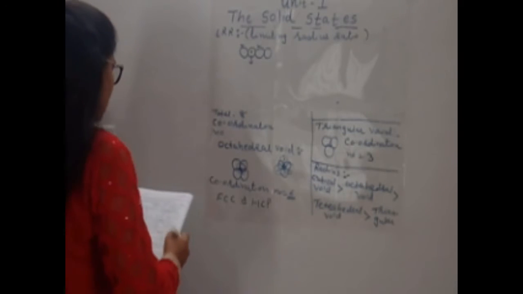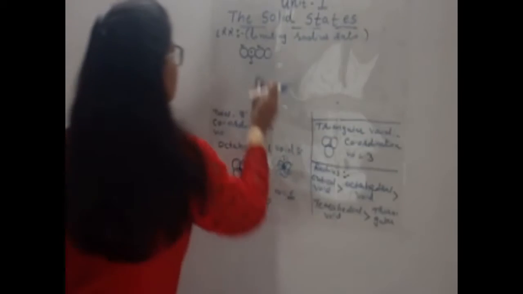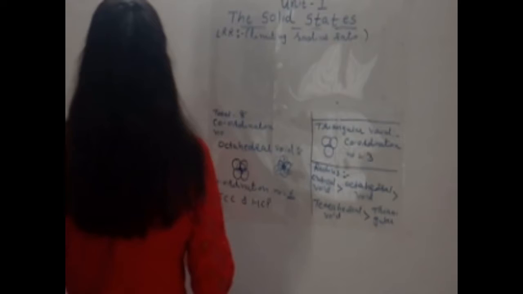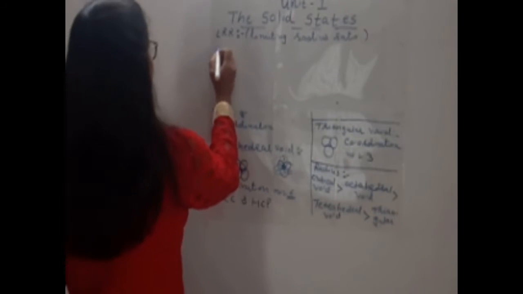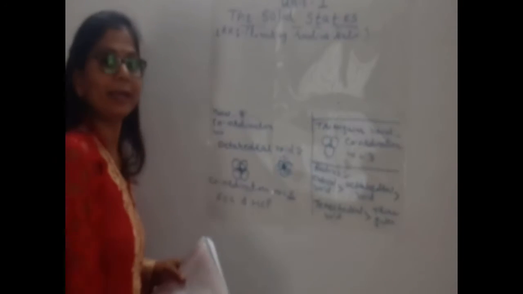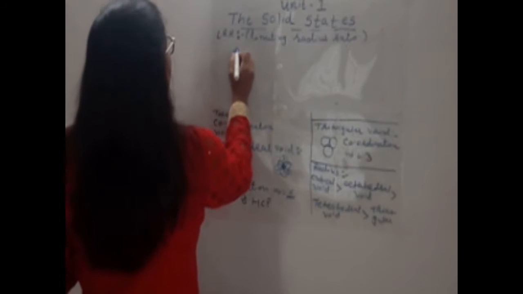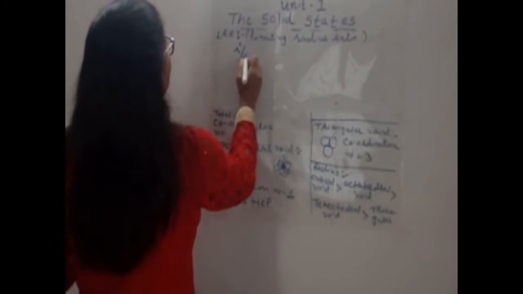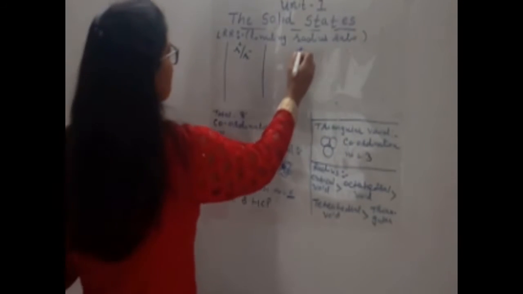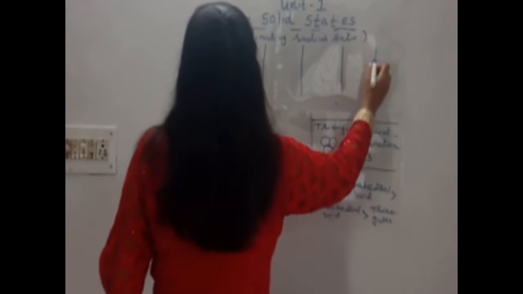Now we'll come to the ratio R plus and R minus. It is a very important topic for your MCQ part and VSQ part also. So the ratio of R plus and R minus, many questions can be asked on it.